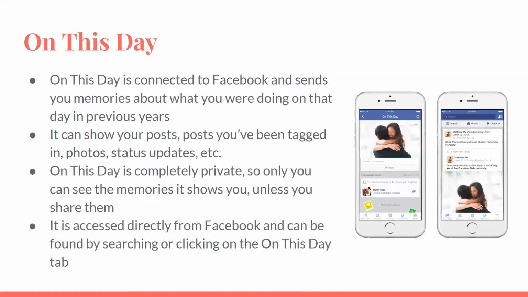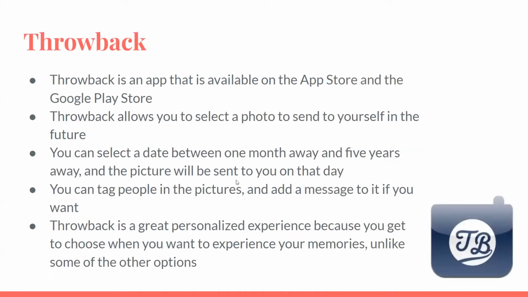It can show you your photos, posts you've been tagged in, photo status updates, and etc. On This Day is completely private, so only you can see the memories it shows you unless you share them, and it is accessed directly from Facebook and can be found by searching or clicking on the On This Day tab. So this is for any Facebook users out there who also want a cool photo video app or feature.